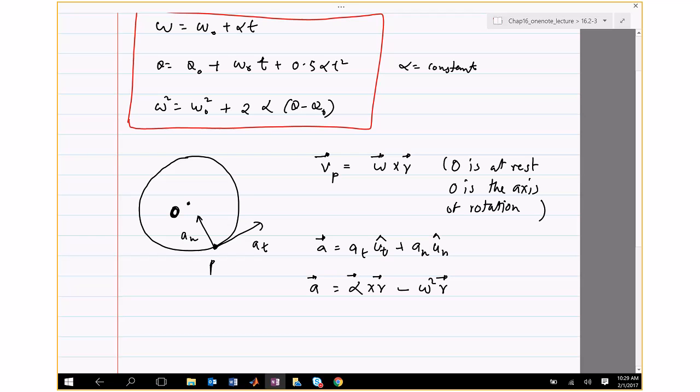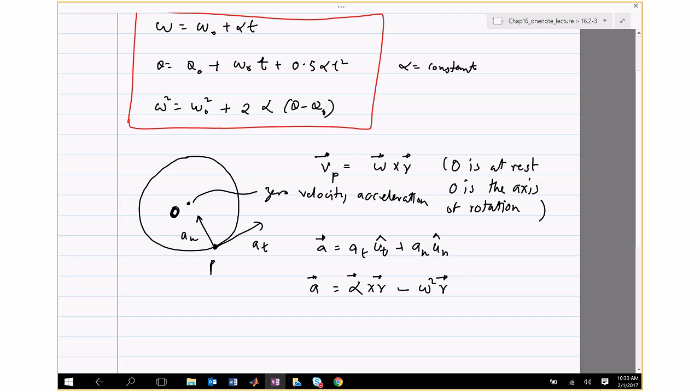Okay. Now again, as I said, O is at rest, O is the axis of rotation. This is only true when the point O has an acceleration of 0. 0 velocity and acceleration.